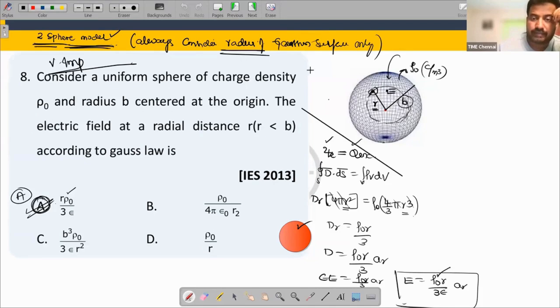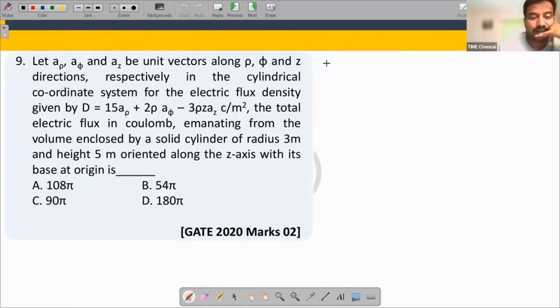Okay, next question. After a two cylinder model and after a three cylinder model and a two sphere model, this is a standard kind of question. This is again model 1.